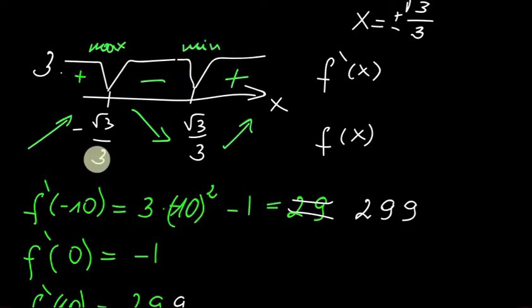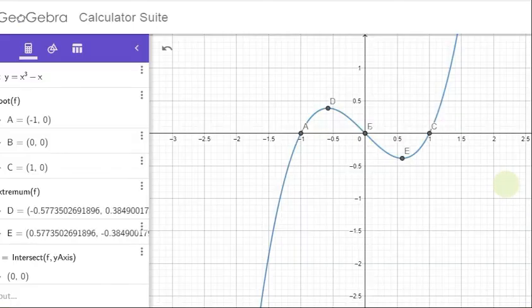Because our function is increasing and reaches a maximum value, and then starts decreasing until it reaches its minimum value. Now let's look at a graph. Our graph looks like this. You can see it is increasing until it reaches a point D here, and this is our local maximum.